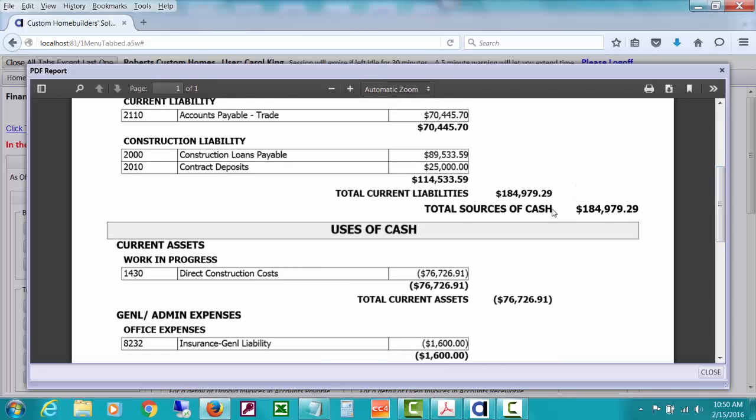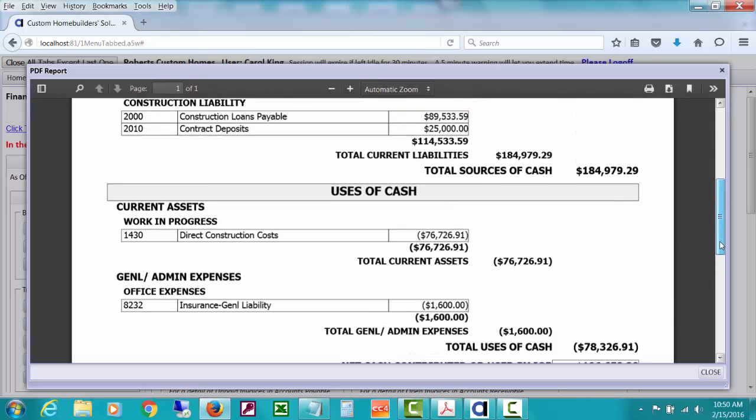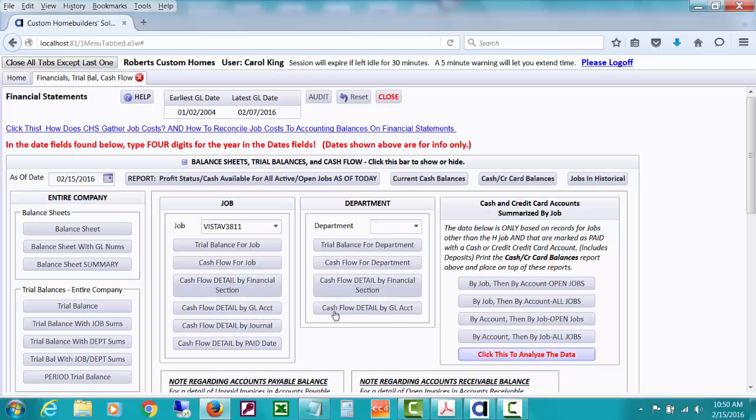Although it's not really just cash, you have to do it because a cash flow is also going to include everything in your uses of cash, whether they're paid or unpaid. So it comes down and shows that the net cash contributed is $106,652.38.